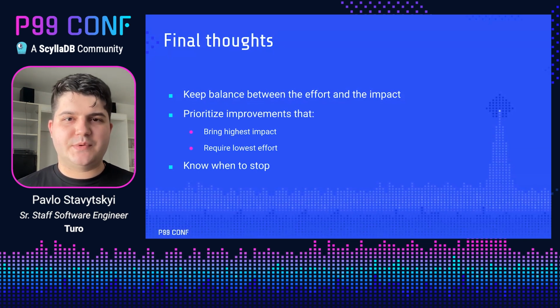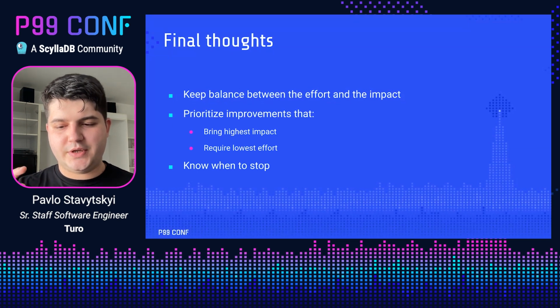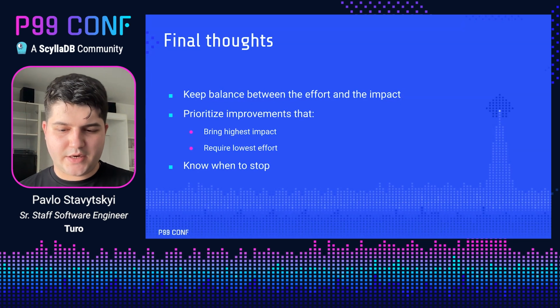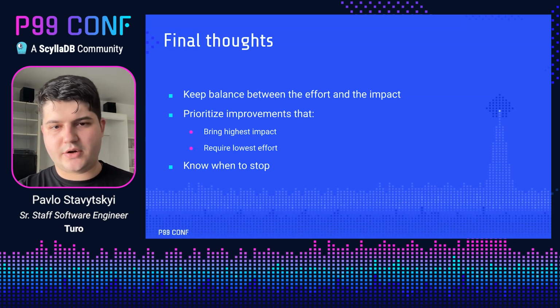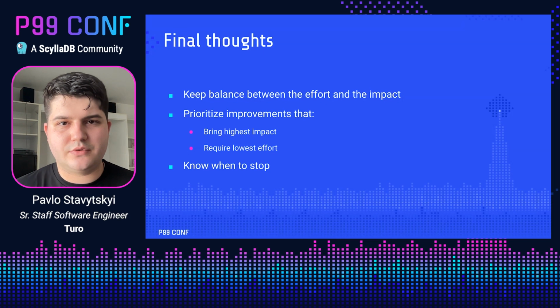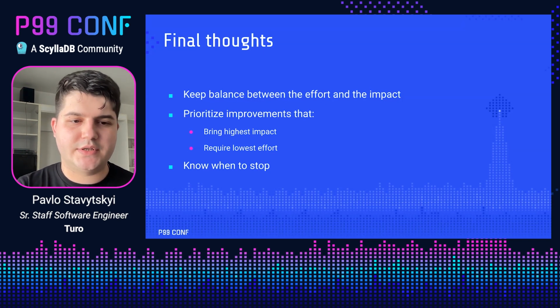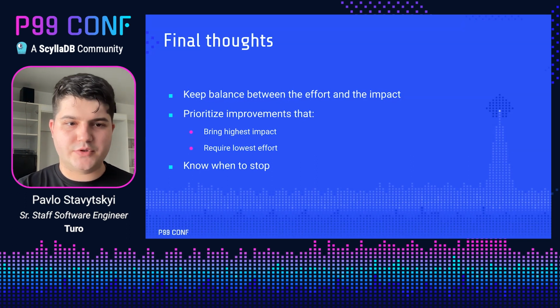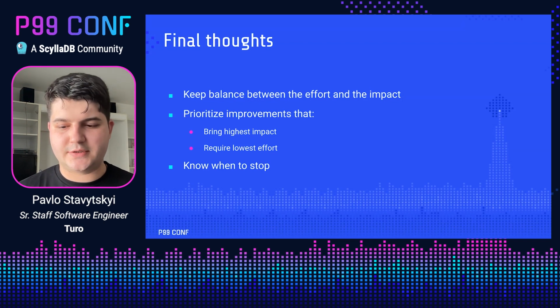However, it's important to know that if your efforts bring only like 1% or 2% improvement, but they require you to rewrite the entire home screen logic, do some critical changes that might break the application, and decrease the user's experience in other stability areas, it's better to stop and evaluate the improvements that you already gained with those low-hanging fruits, and then evaluate what you should improve in the application next.